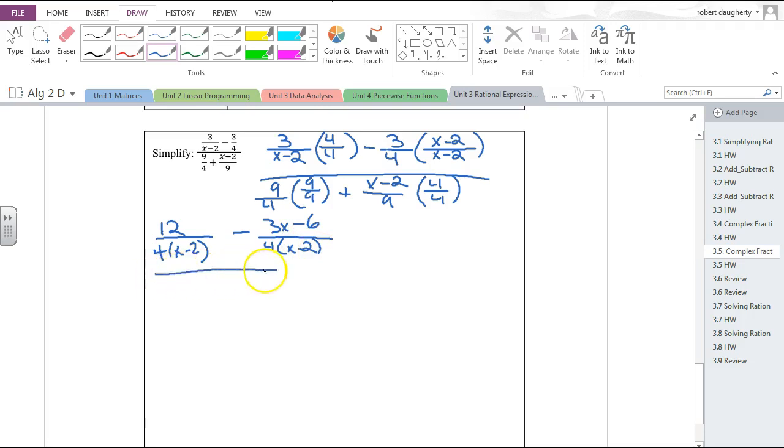Okay, everything looks good so far. Now we've got common denominators. Let's combine these together. 12 minus 3x minus negative 6.